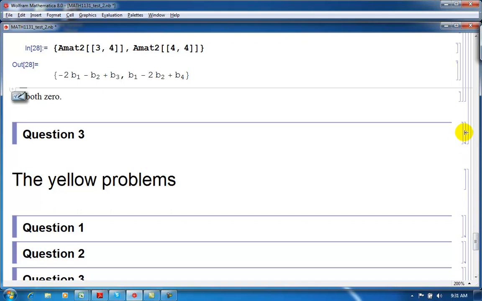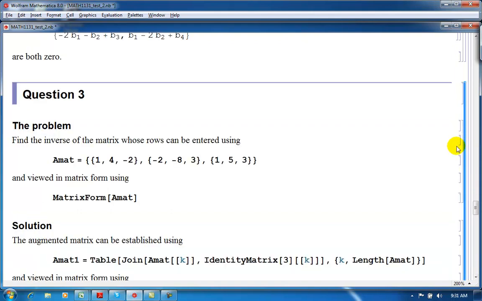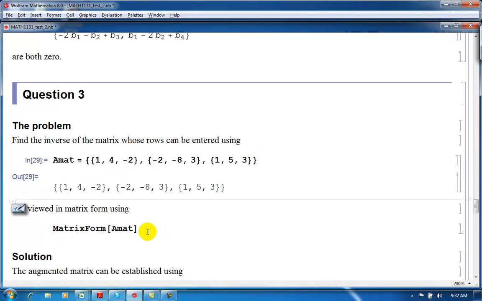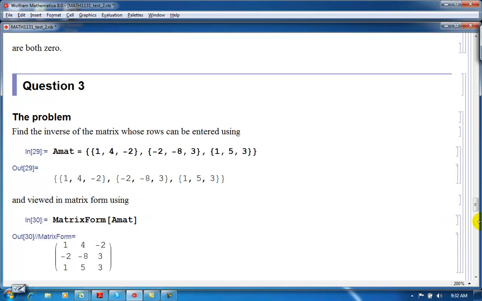And now we go on to the third question, and we're asked to find the inverse of the matrix whose rows can be entered using this, and we can view that as a matrix.